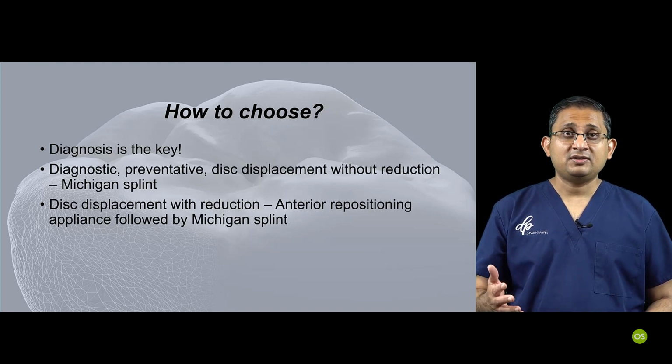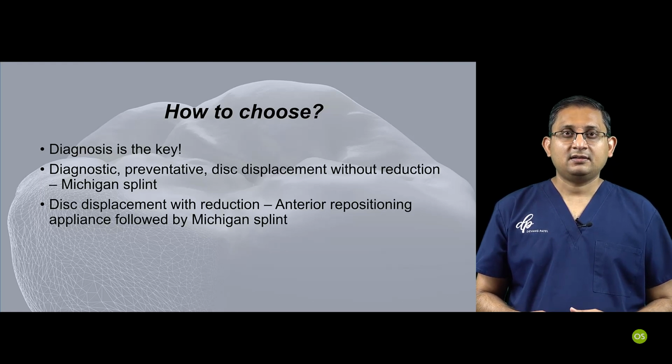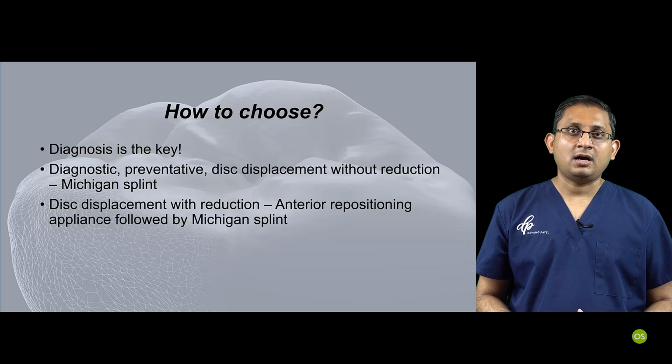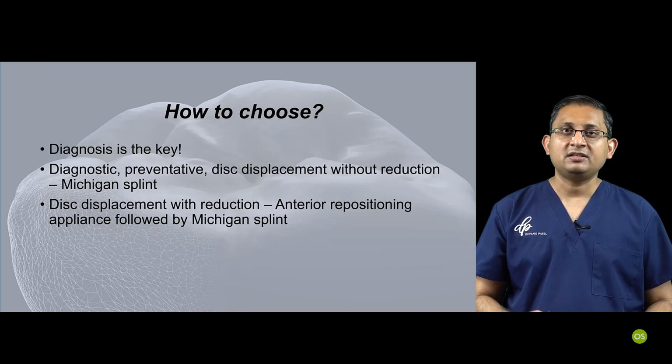And then once the patient's out of pain, I would put the patient onto a Michigan splint. And this is the criteria I use to treat my patients. This is how I have divided the different types and simplified it for use in your general dental practice. So you only need to really know about the Michigan splint and the anterior repositioning appliance.